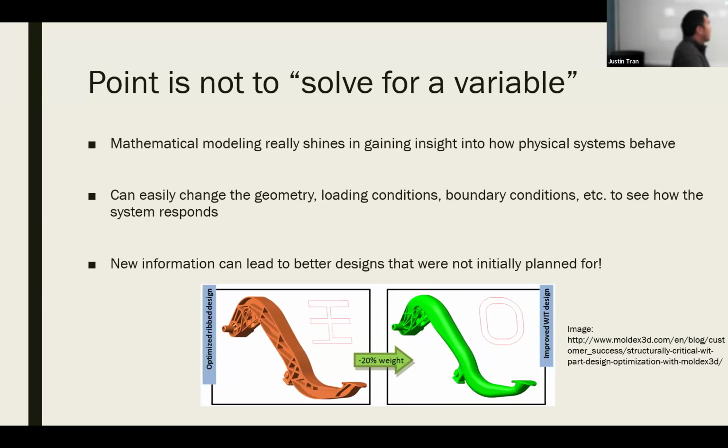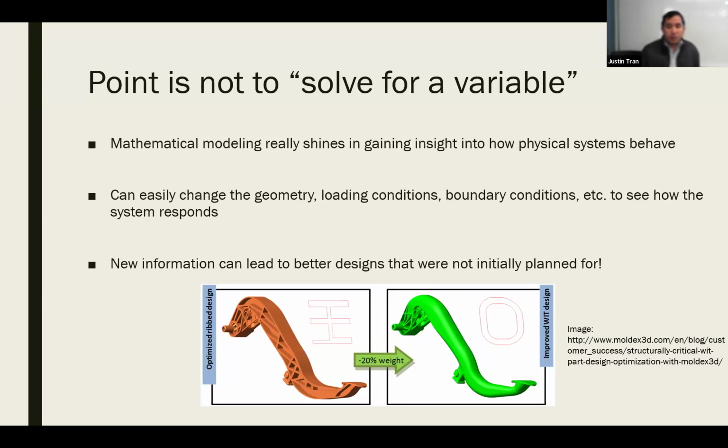Okay. Because when you have a mathematical model that models your system, you can easily change things like the geometry. You can change things like the loading conditions, boundary conditions, and you can see how the system's going to respond. Okay, and that ability to tinker with your design and see the result is a key factor to design, and it's how a lot of design is conducted nowadays.